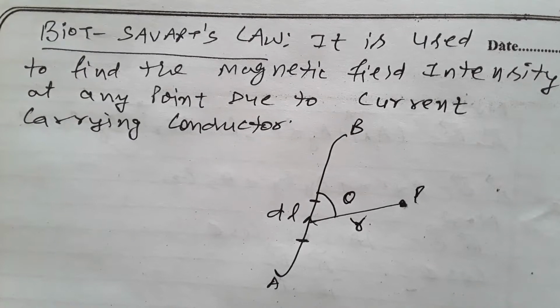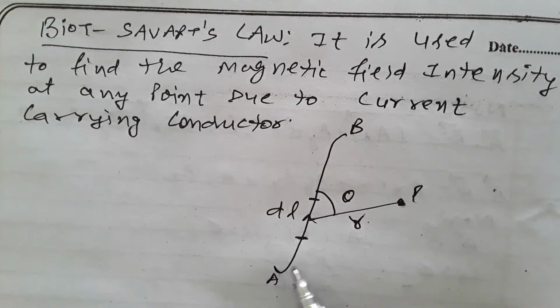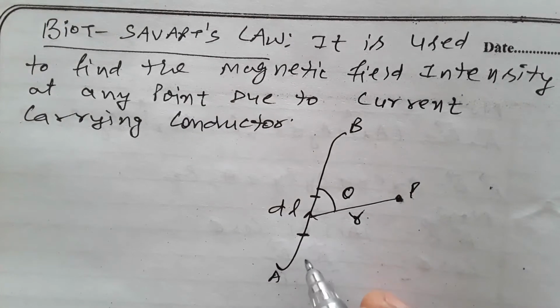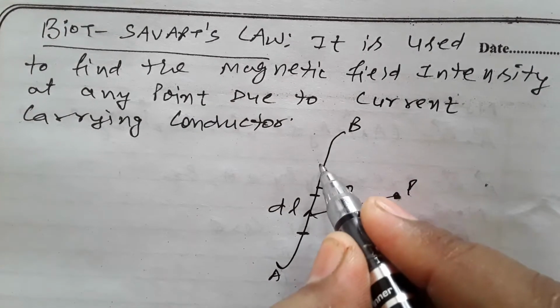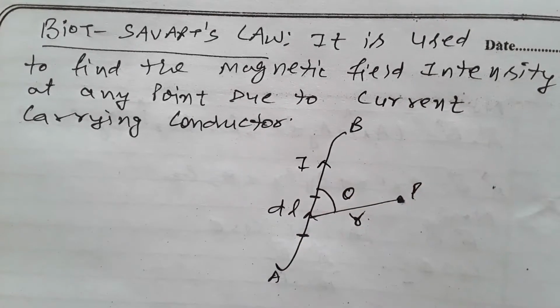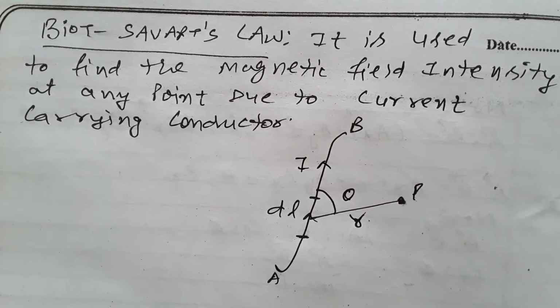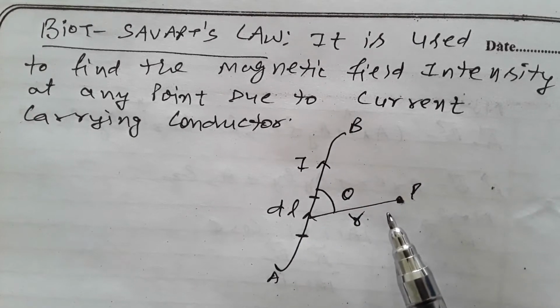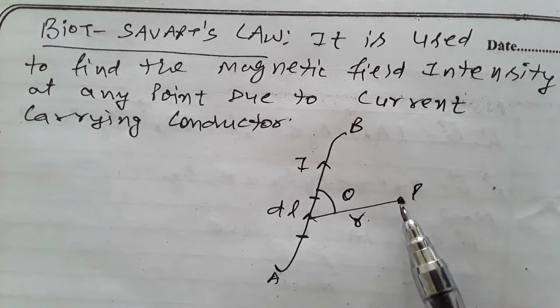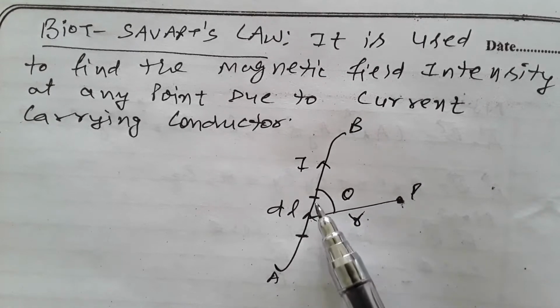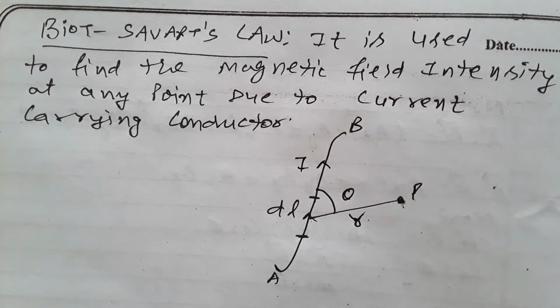due to a current carrying conductor. Here, AB is a current carrying conductor. Current I is passing through the conductor. Let us suppose dl is a small length of this current carrying conductor, and we have to find the magnetic field intensity at the point P at a distance r from the small length element dl.